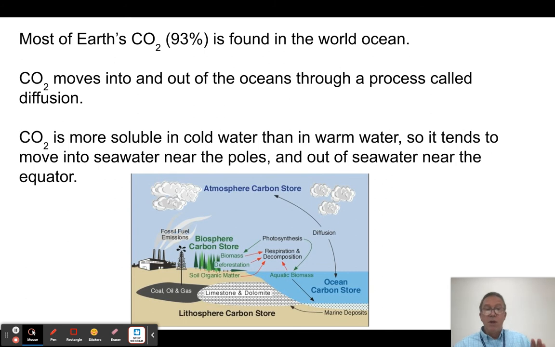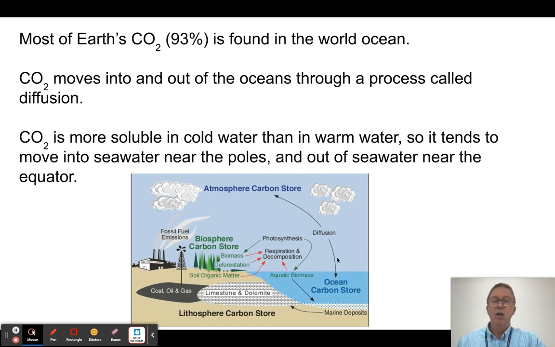Now, moving on to other parts of the carbon cycle, it turns out it's not the atmosphere but the ocean that is the main sink of carbon dioxide on our planet. 93% of the carbon dioxide on our planet is actually in our oceans. The way it moves in and out of the oceans is primarily through a process called diffusion. The partial pressure of carbon dioxide pushes it into the water, and if the partial pressure in the water is greater than in the atmosphere, it gets pushed back out.